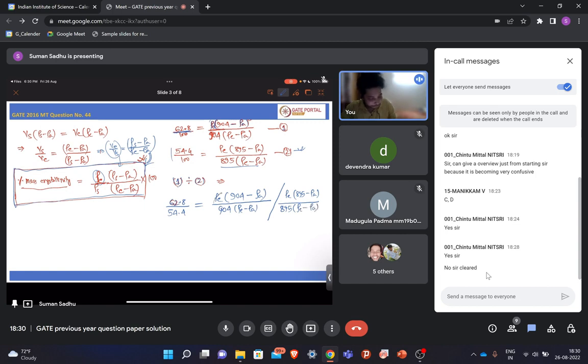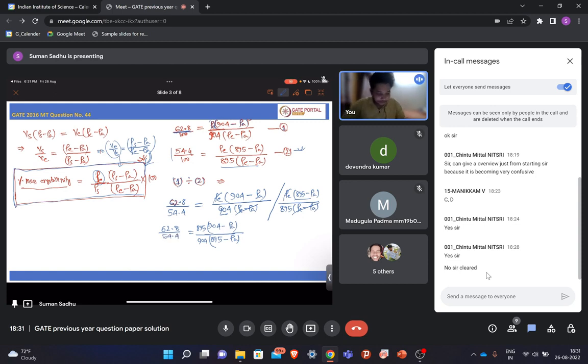So now rho c and rho c will cancel out, and rho c minus rho a will also cancel out. So what we will have is 904 minus rho a divided by this term 895 minus rho a, and this term is there in the below, so this will go up. So 895 will be here, and on this side it is 62.8 by 54.4.